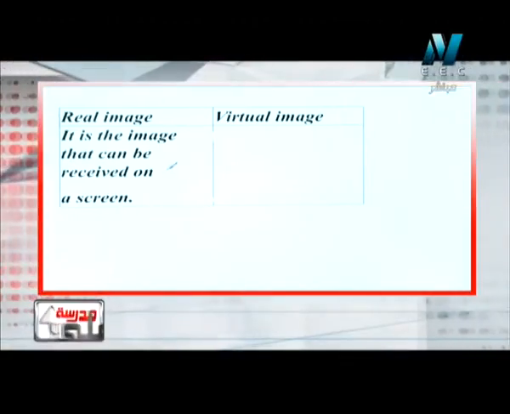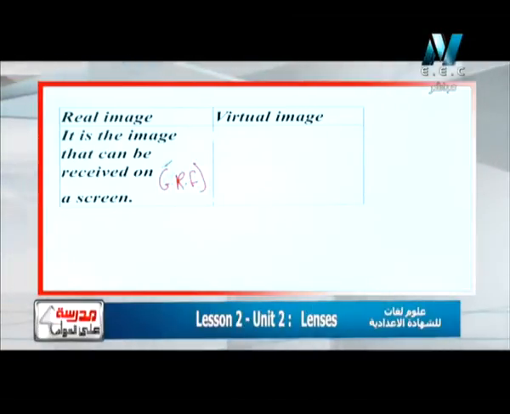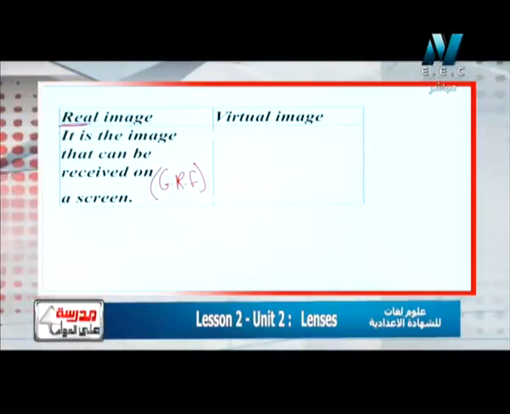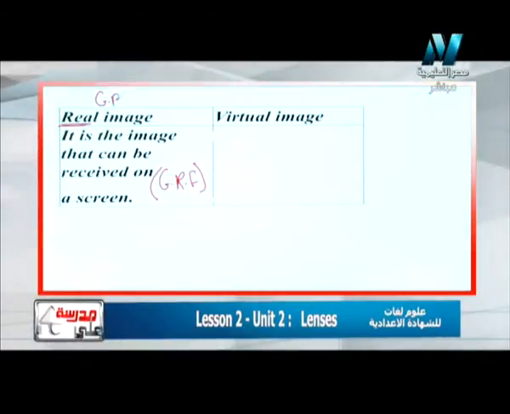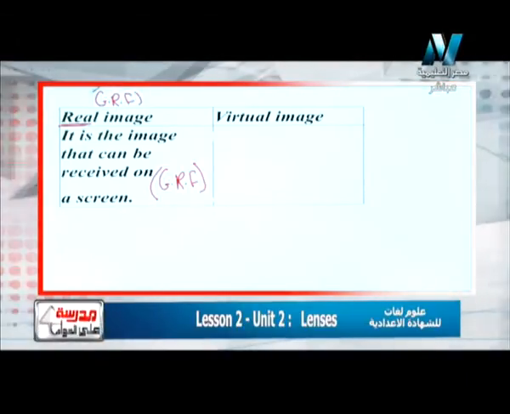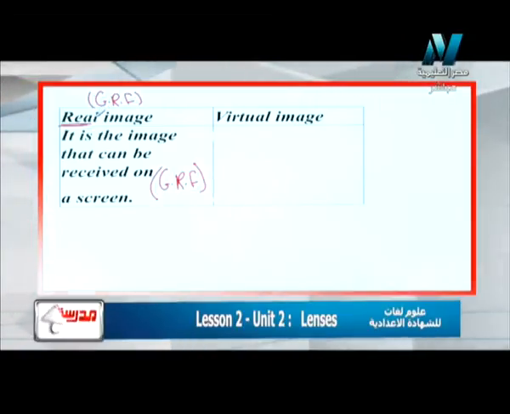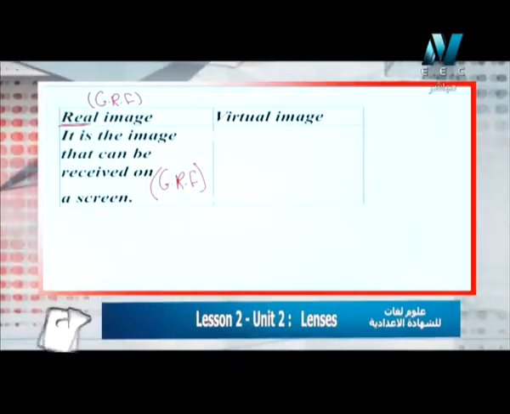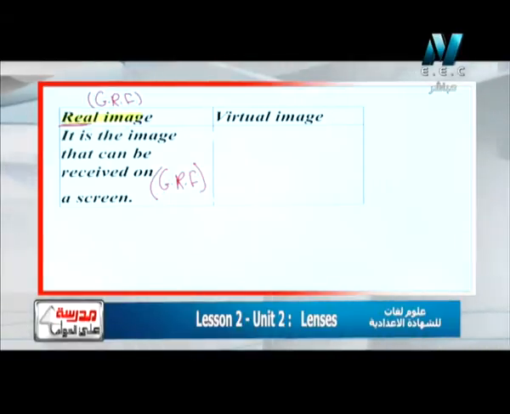So if we have a give reason here, for example, as image through concave mirror or convex lens is real image, because this image can be received on what? On a screen. This is the answer for the real image.